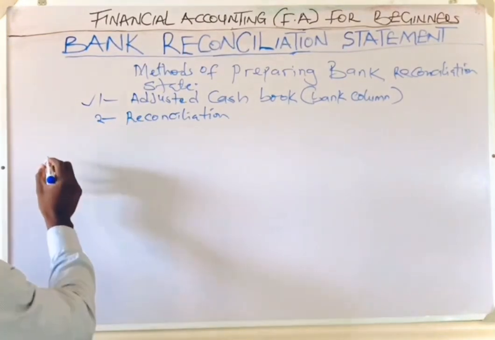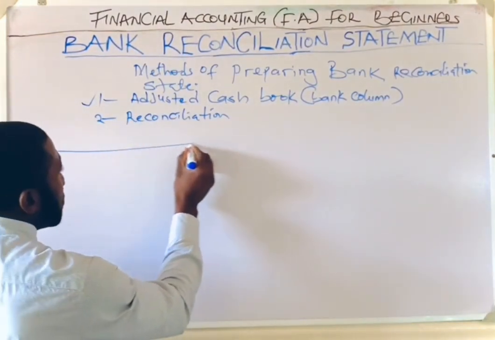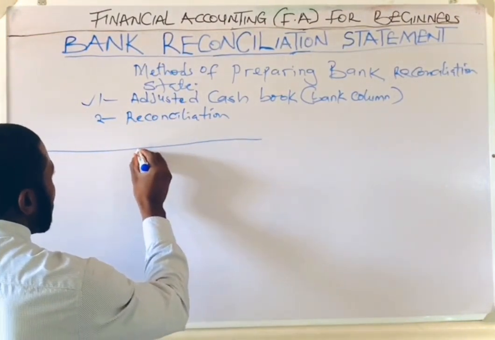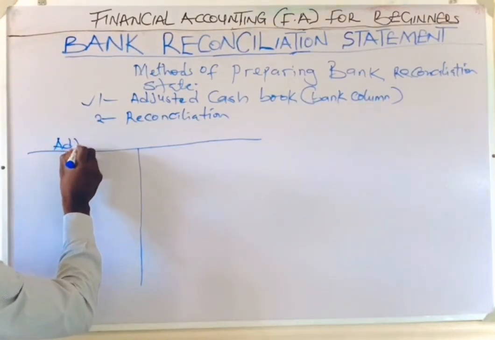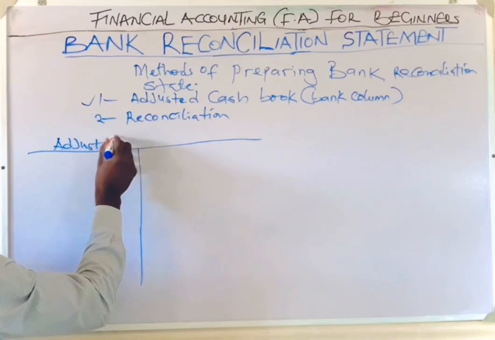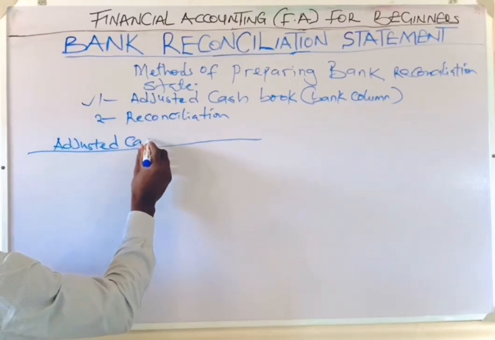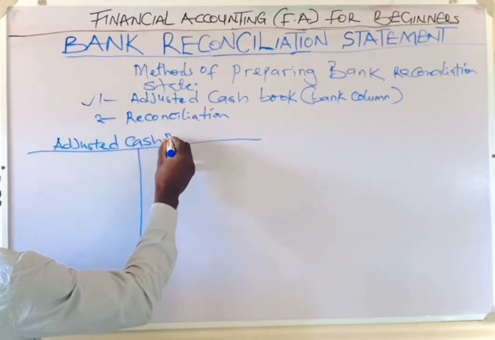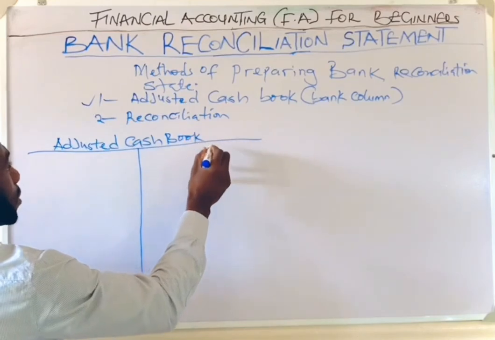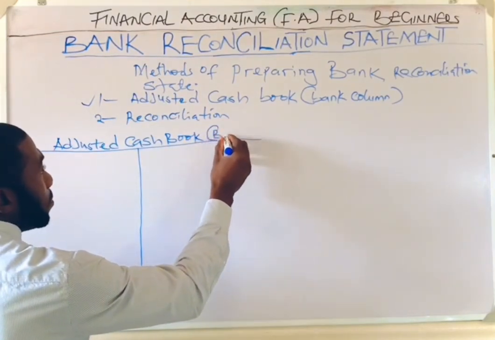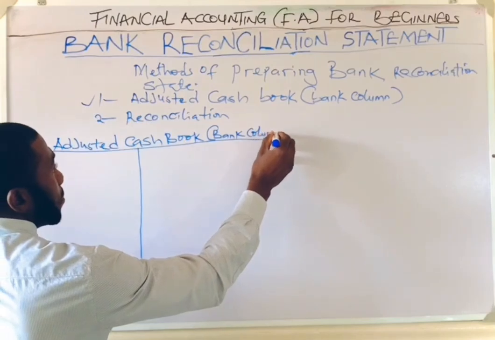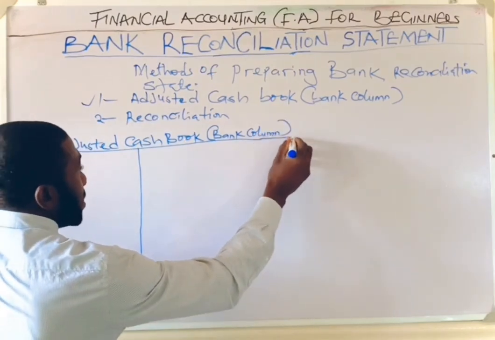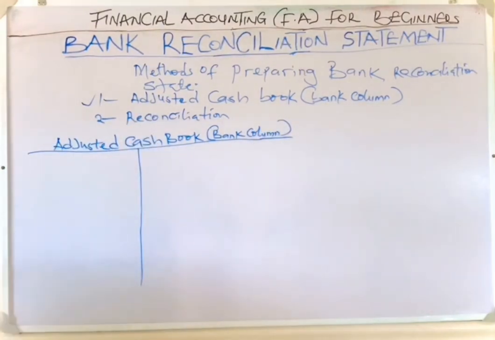Let's look at it. This is the format of the adjusted cash book. So this is the bank column of our cash book. So don't forget, this is the extract of our bank column in the cash book.